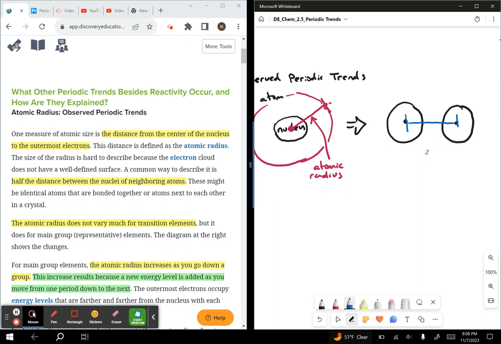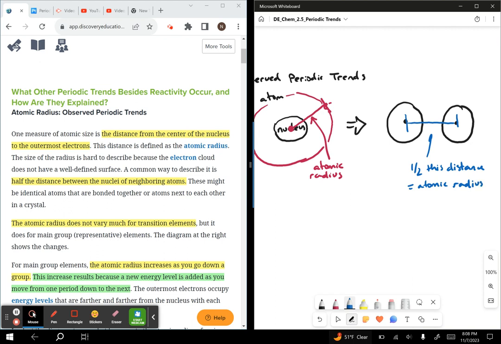Half this distance is equal to your atomic radius. That's all they're saying there.